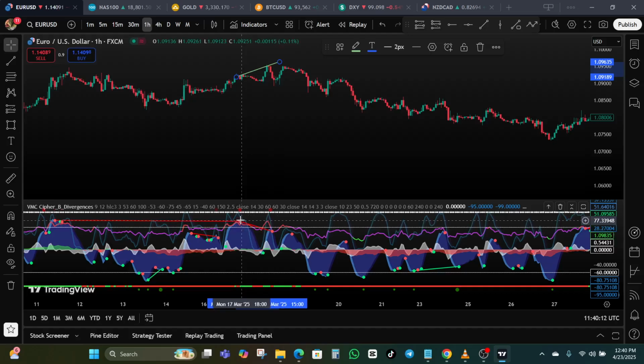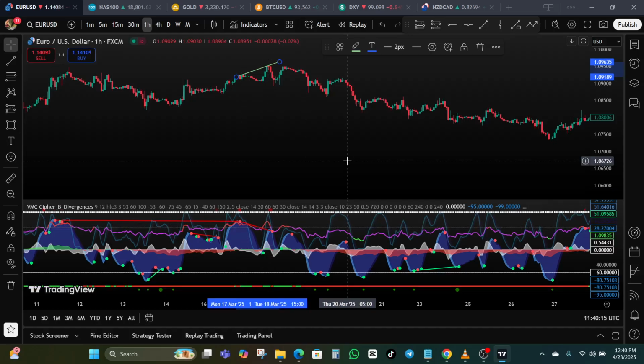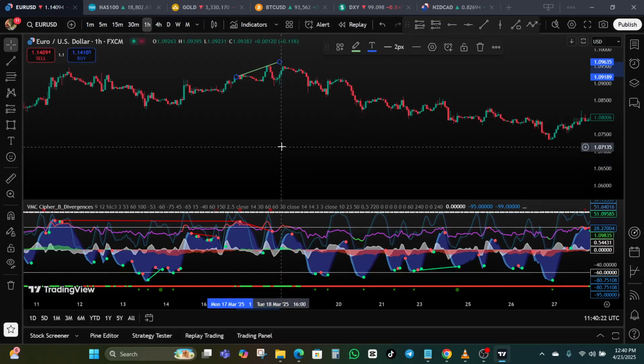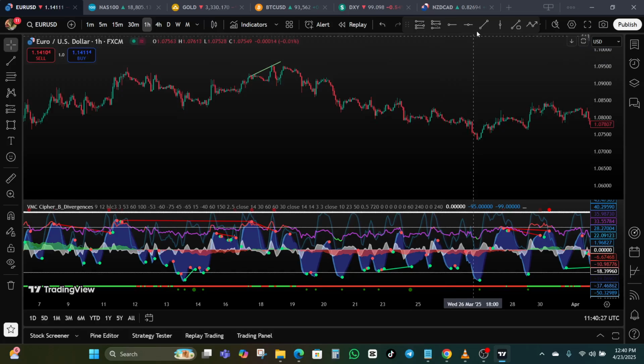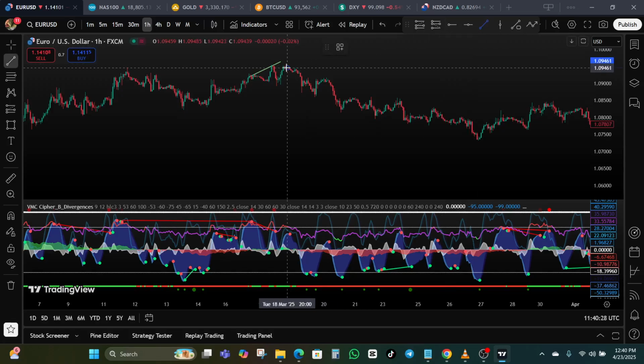Can you see that? Now, this is a bearish divergence. This tells you that momentum is fading on the buy side, so price is likely about to decline.